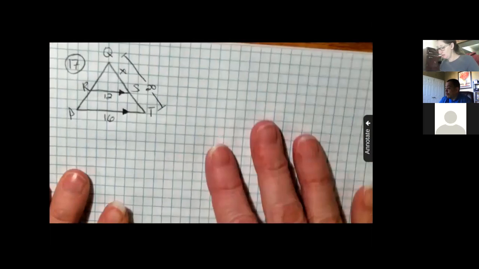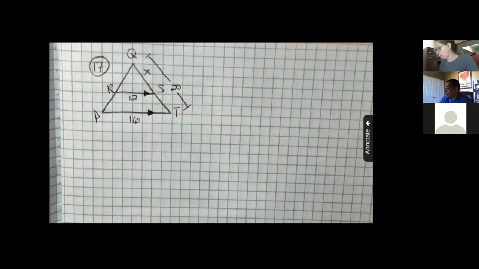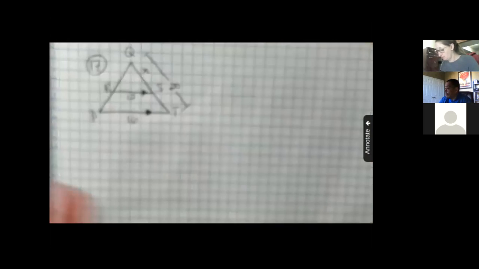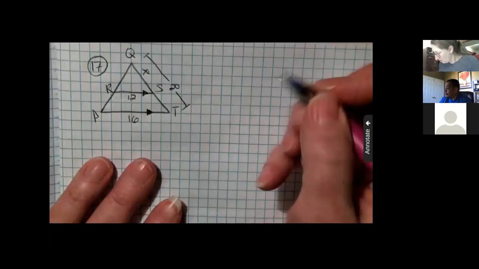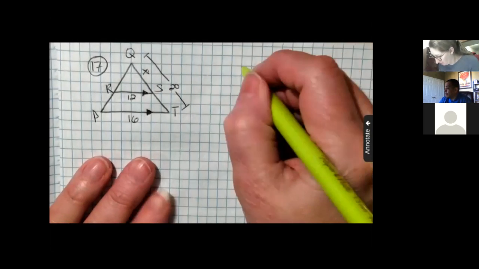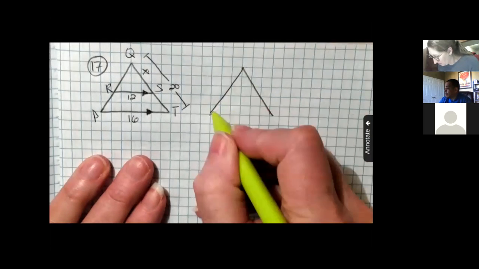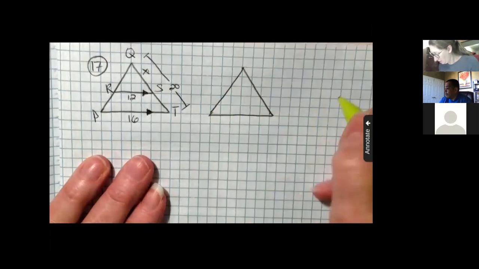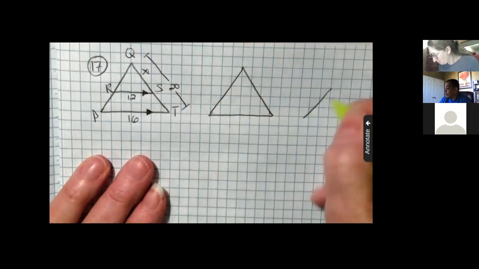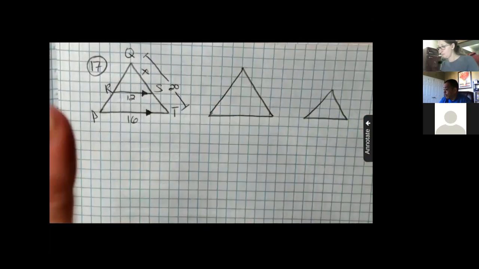So 17, they're what we call nested together or put together. So I'm going to redraw them. Okay. And let me use my pencil because if I make a mistake. Okay. So I got the big one. Okay. And then I've got the smaller one. That's always the best thing first is to draw them separately.